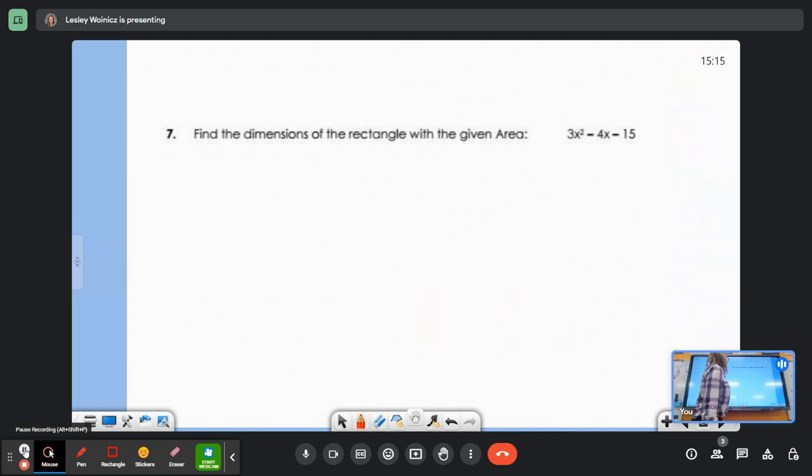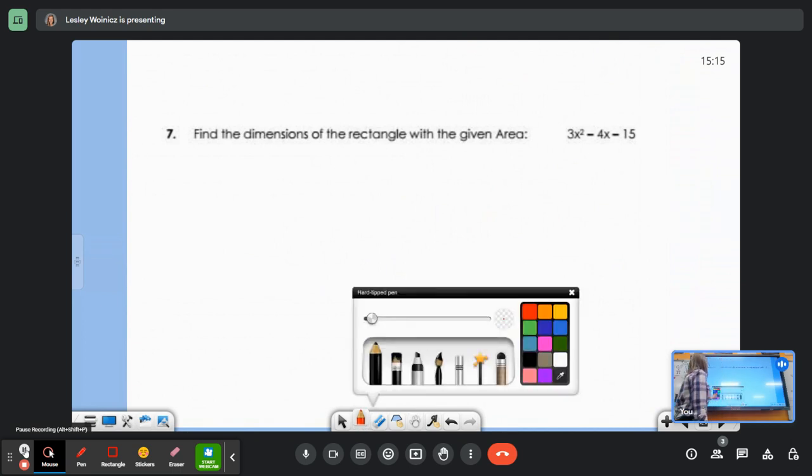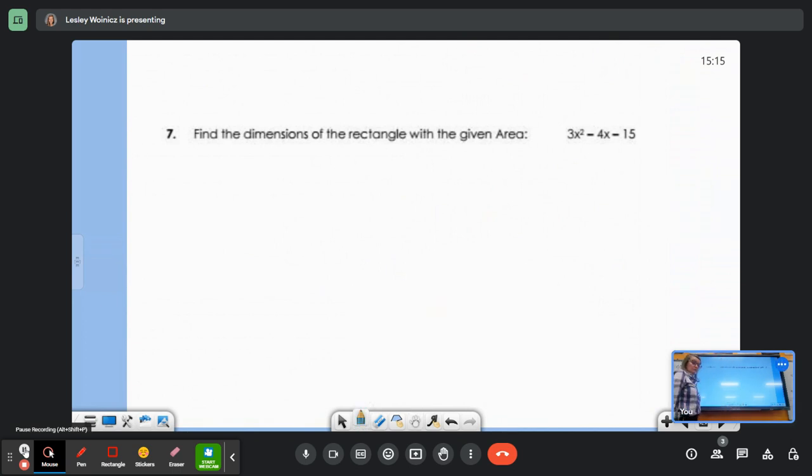All right, tell me about dimensions. What are we looking for? What measurements for the rectangle do we want? For area, the dimensions are the length and the width.